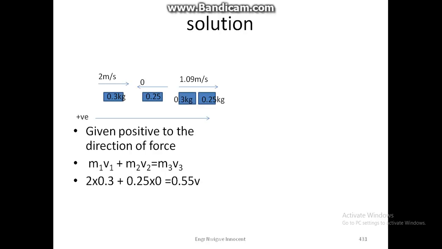Then we make our multiplications and additions. We get 0.6 equal to 0.55 velocity.